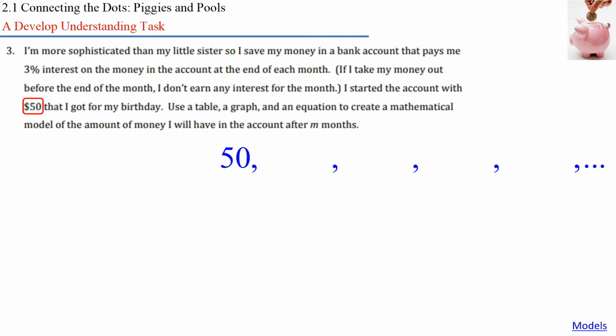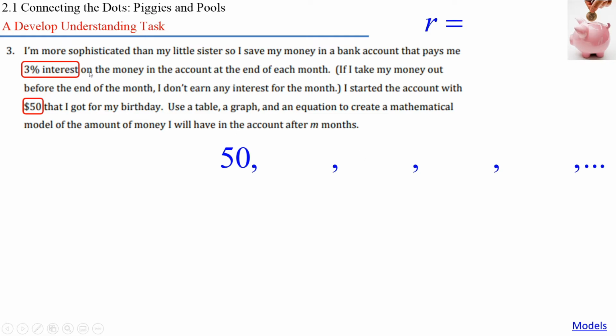I am getting 3% interest. Now watch this carefully, okay? As soon as you see a percent, you've got to be thinking we're multiplying by a common ratio. And that common ratio will be, now you guys think 3% is 0.03, but my money's going to increase.